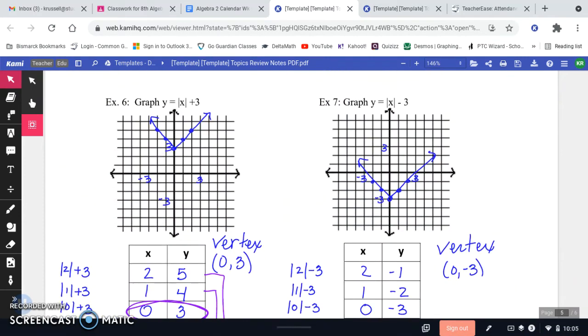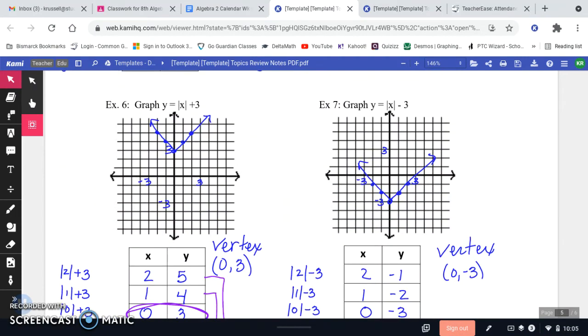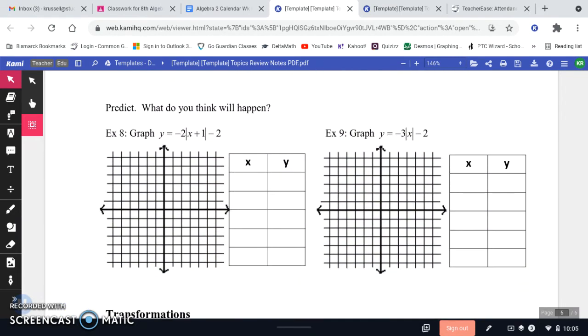Then if you add or subtract on the outside of the absolute value bars, that moves your vertex up and down, so up 3 or down 3 units. Today, if we put all of those pieces together, what does our graph look like? And we'll find a more efficient way to graph it than plotting lots of different points.